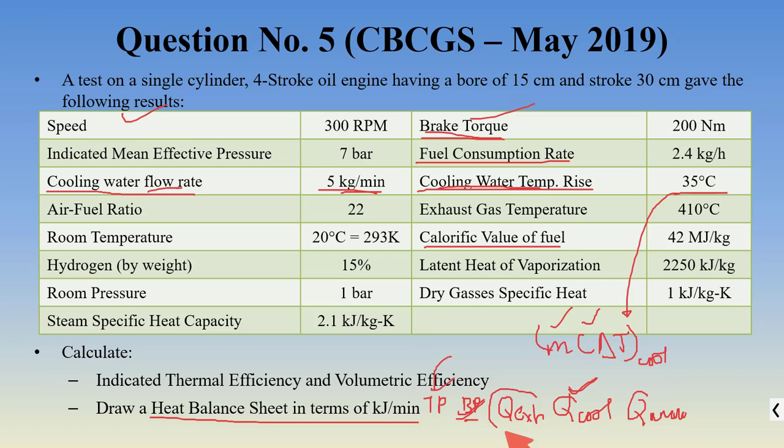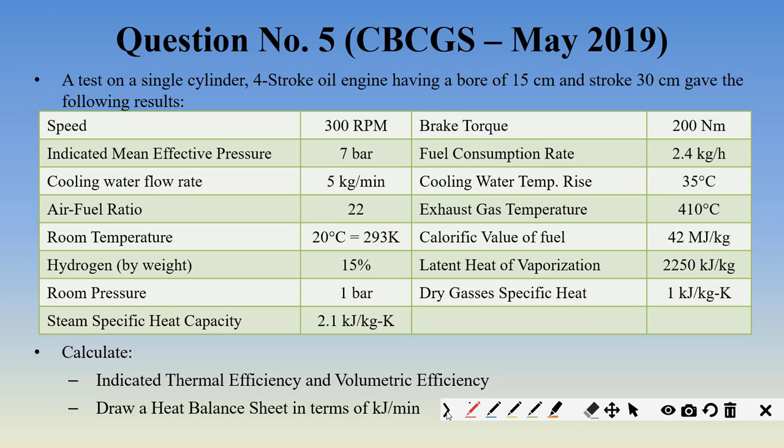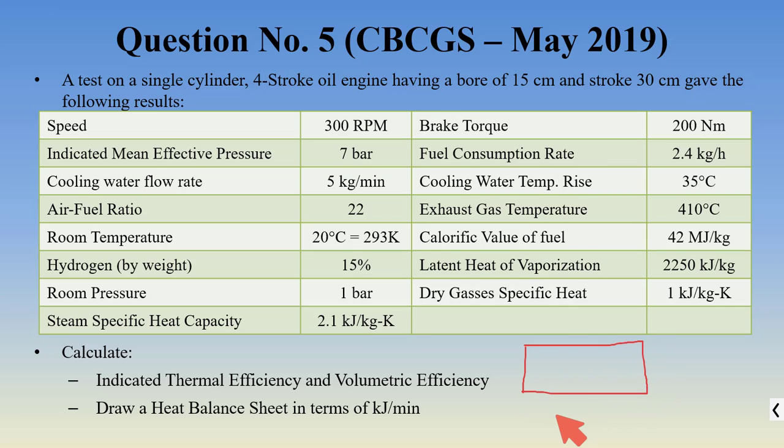But what about the heat loss to exhaust gases? In all the sums that we have solved till now, they had somehow given us the specific heat capacity, or in the previous sum we used the calorimeter to determine the specific heat capacity of the gas. But in both these cases, we assumed the exhaust gases as a single unit. Exhaust gases contain a large number of different gases.